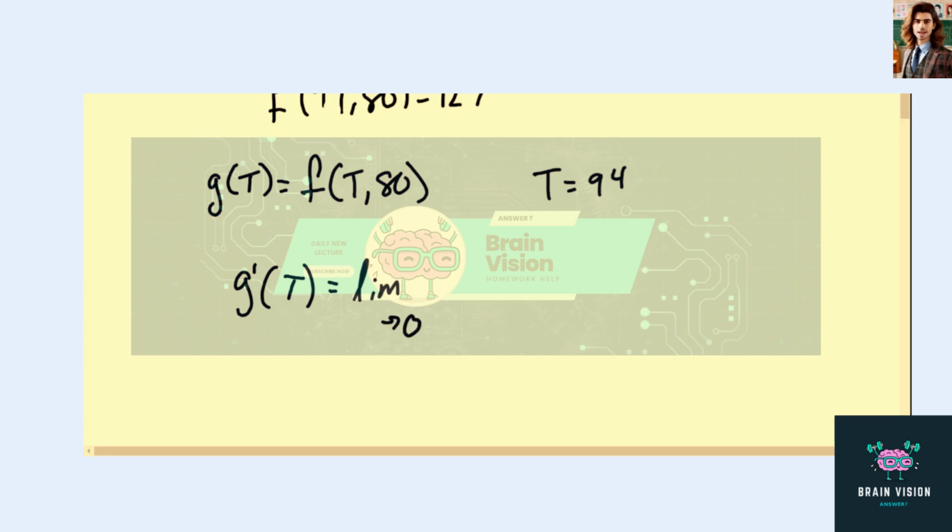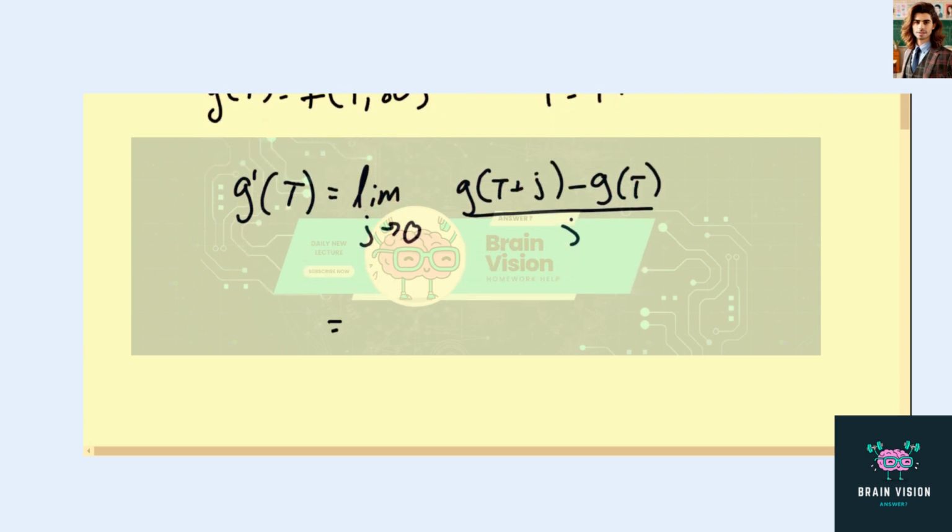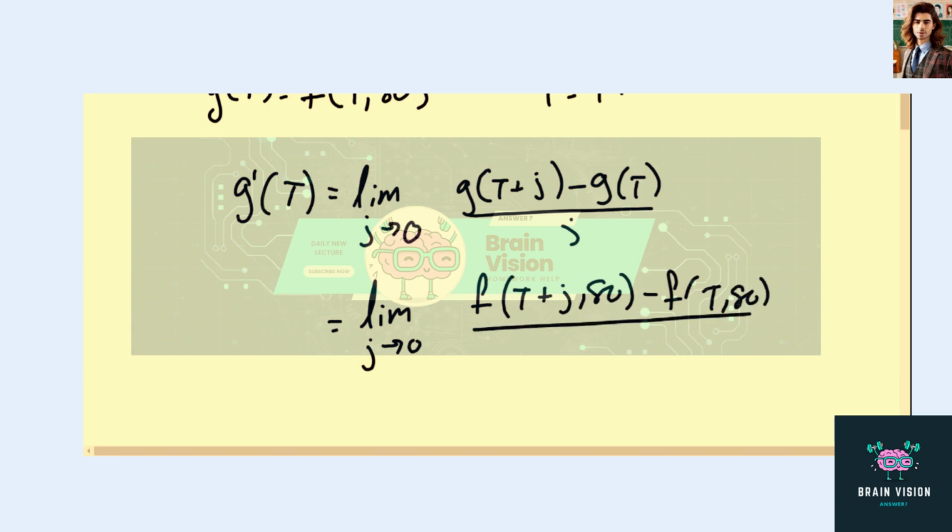Maybe we shouldn't use h because of the humidity. Let's say j, of g of t plus j minus g of t. This is just our standard definition, but this is also equal to the limit as j approaches 0 of f at t plus j, 80 minus f of t and 80 over j.